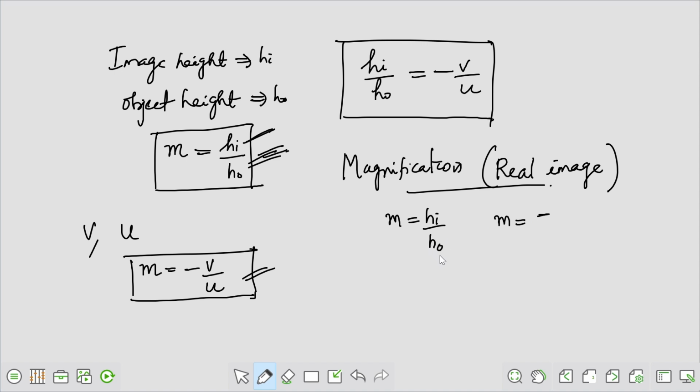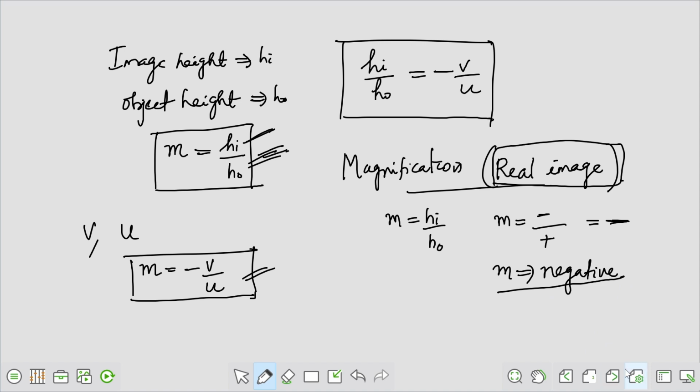So minus divided by plus is minus. So magnification is negative if the image formed is real. Now let's see what will be the sign of magnification if the image formed is virtual. So magnification for virtual image.